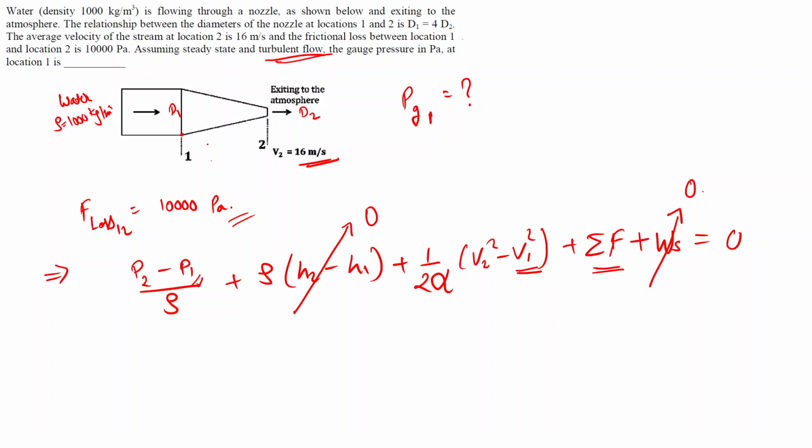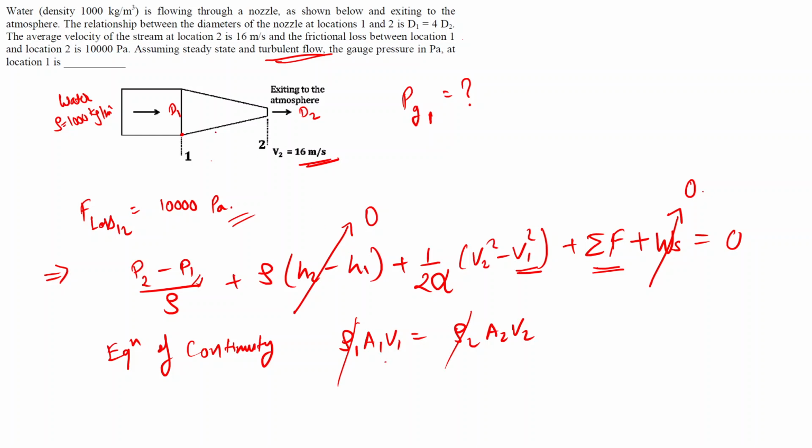So we can find the velocity V1 by using the equation of continuity. From the equation of continuity, we can write that rho1 A1 V1 is equal to rho2 A2 V2. The density of the fluid will remain the same since it is an incompressible fluid. So we can cancel this term.